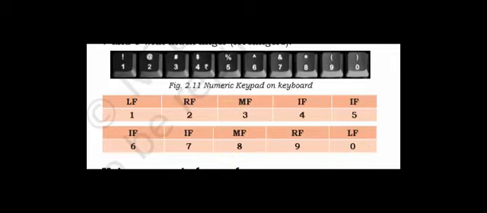Next, children, we will learn allocation of keys to fingers on the fourth row, that is the number row. Right, children? This row on the top is known as the number row. Children, in this row, you can type 1, 2, 3 with the little, ring and middle fingers of the left hand respectively, and 4 and 5 with the index finger.